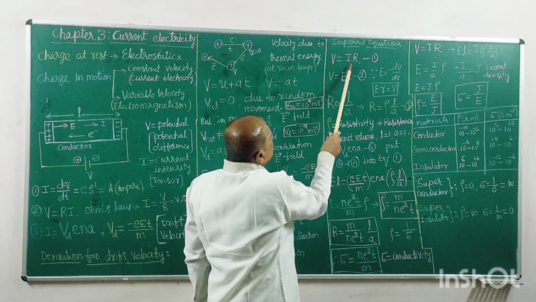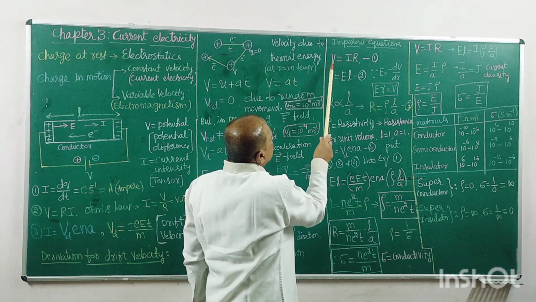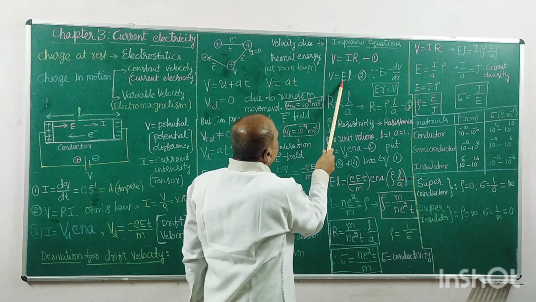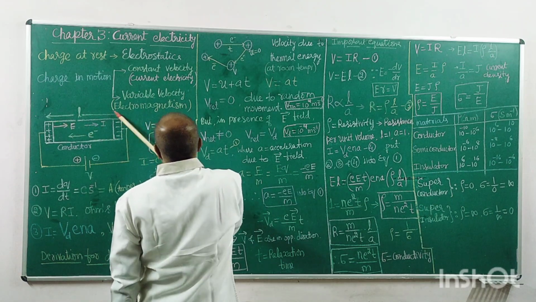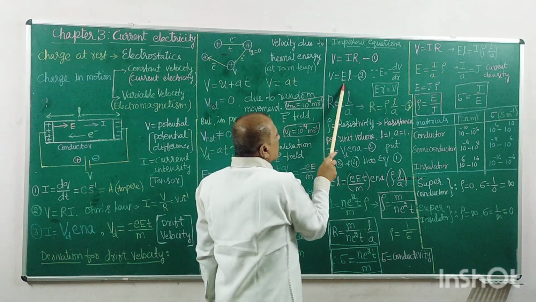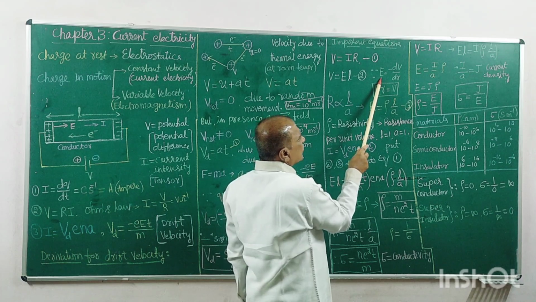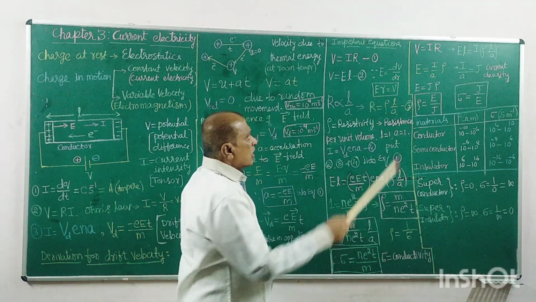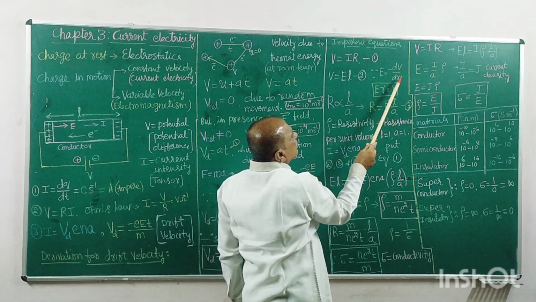So write this equation, Ohm's law, and the potential applies. So we can write V is equal to EL. What is EL? Electric field and the length of the conductor. Why? You derive it from the definition. What is electric field? Recall this definition: electric field is the rate of decrease of potential with distance.